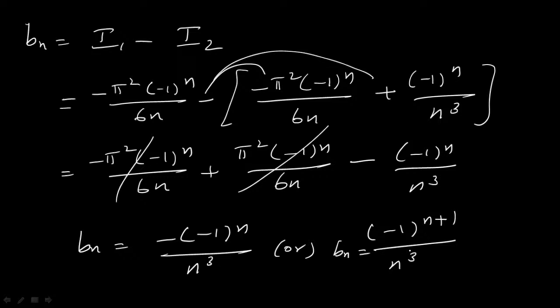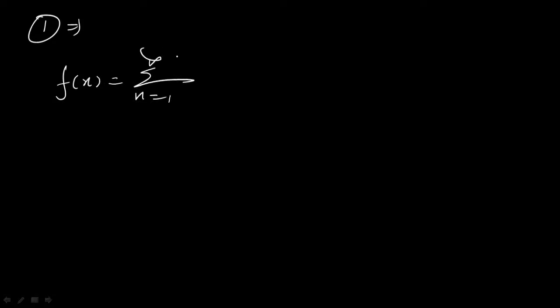That's okay. Next, let me substitute in equation 1. What is the equation 1? So equation 1 becomes f of x equal to sigma n varies from 1 to infinity bn sin nx. So let me substitute the values of bn. Sigma n varies from 1 to infinity. What is your bn?